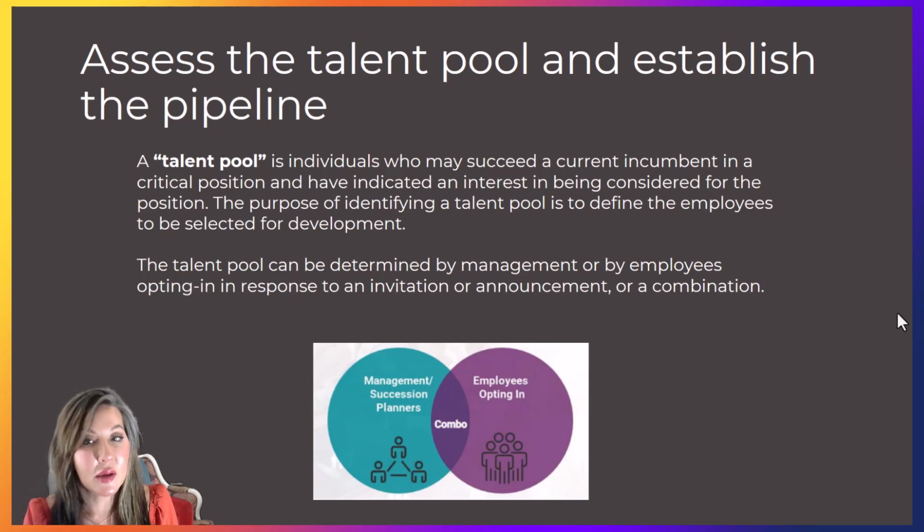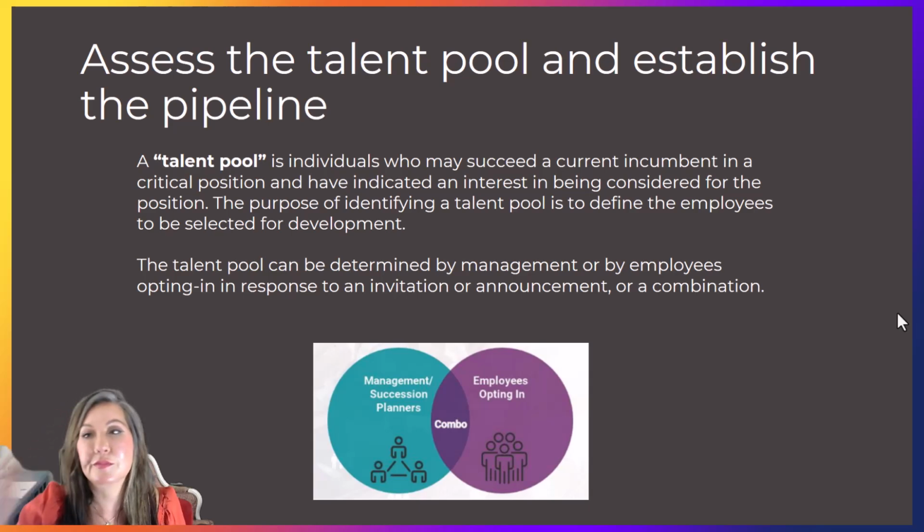A talent pool can be determined by management or by the employees opting in response to an invitation or an announcement, or it can be a combination of both. The graphic there shows both, right? You have employees opting in, and you also have the management and the planners saying, hey, these people would be really good in these roles. So it's a combination of people in that talent pool.